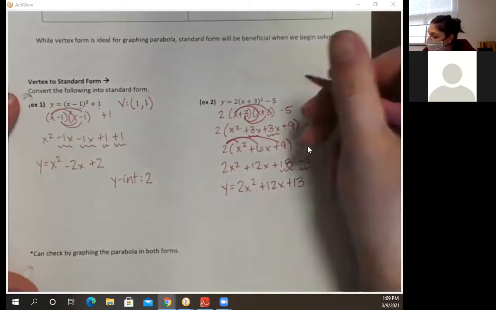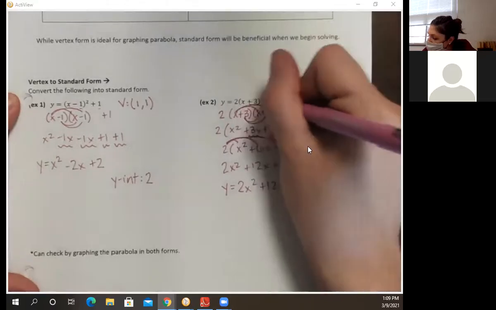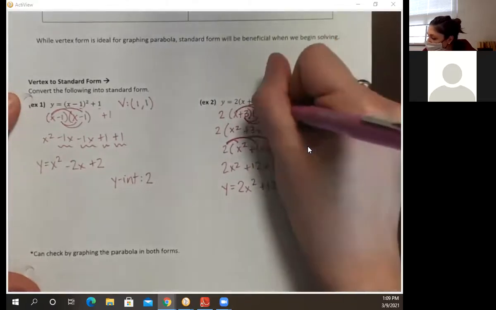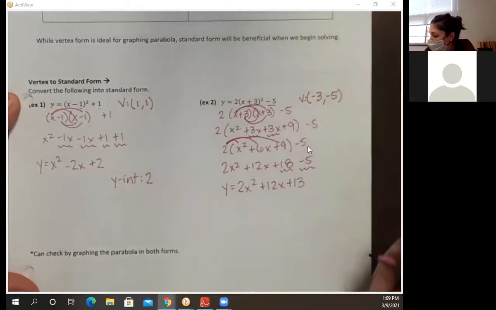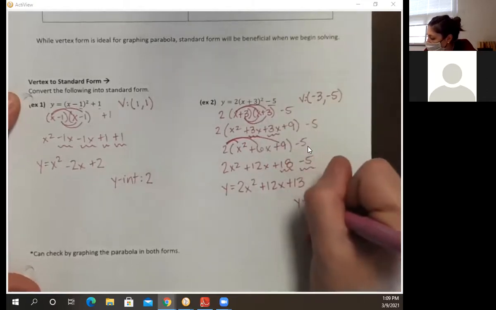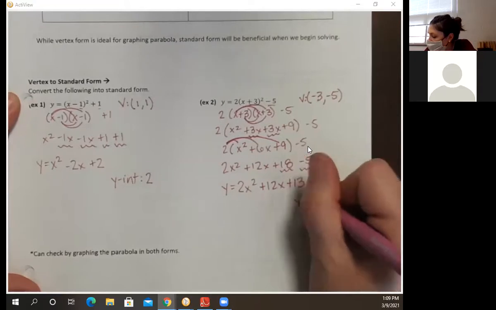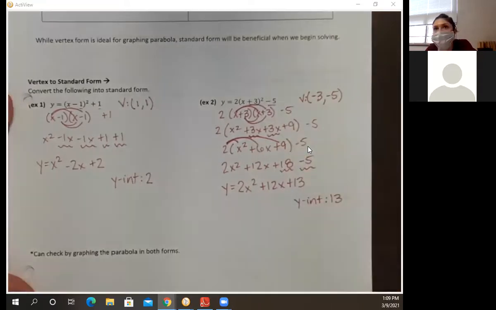From vertex form, I expect my vertex to be -3, -5. And my y-intercept from standard form should be 13.